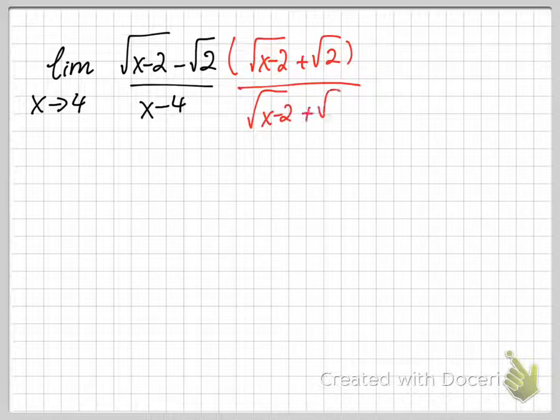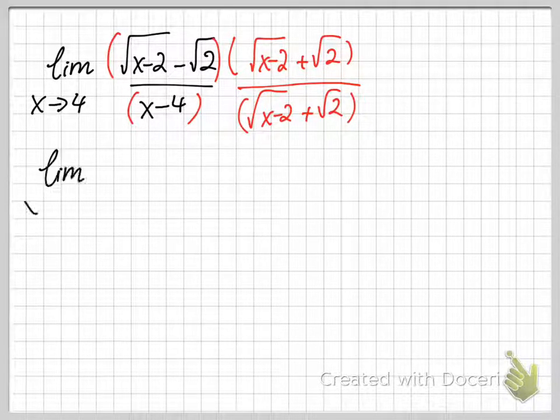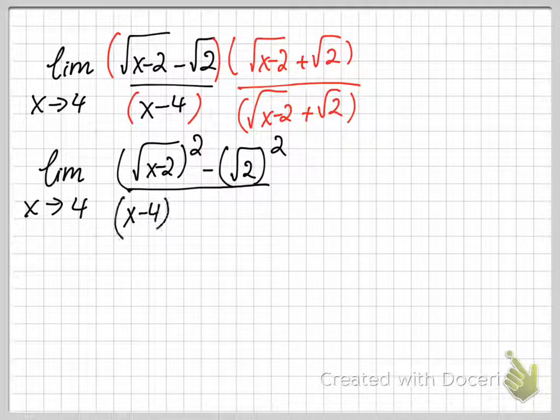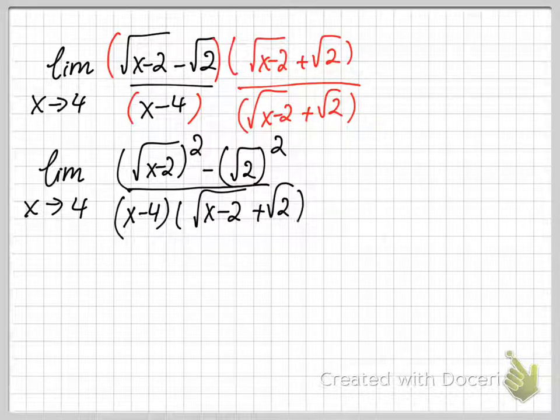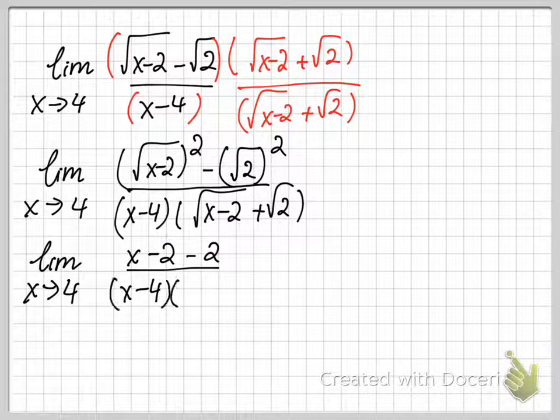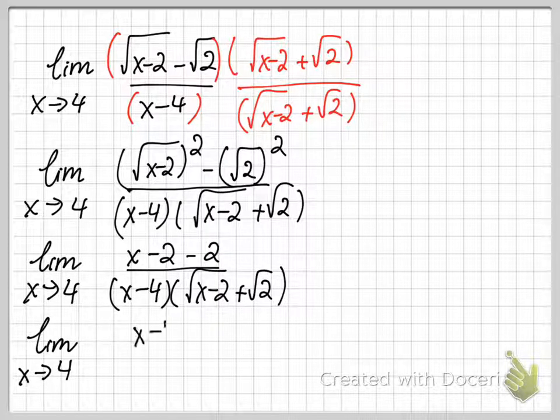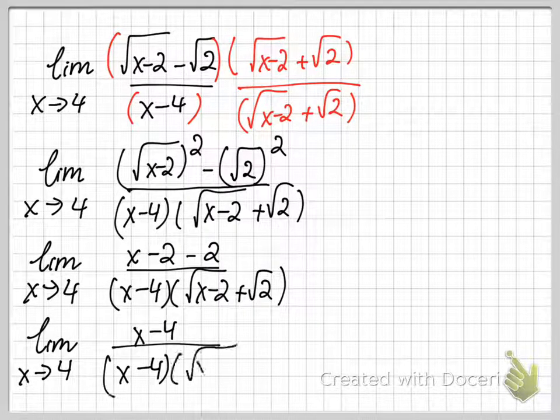So here are the steps that help you find the limit of this function using the conjugate. You multiply the conjugate to the top and the bottom, and then you simplify the numerator, which gives you x minus 4 in the top, and then you can simplify the x minus 4 term in the bottom.